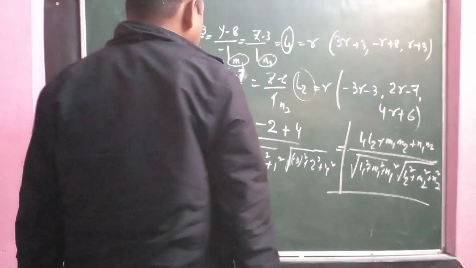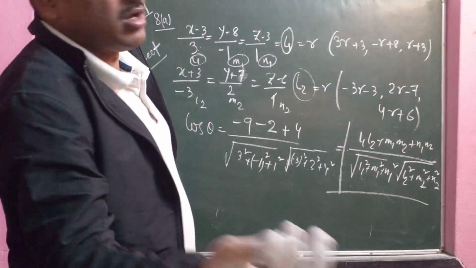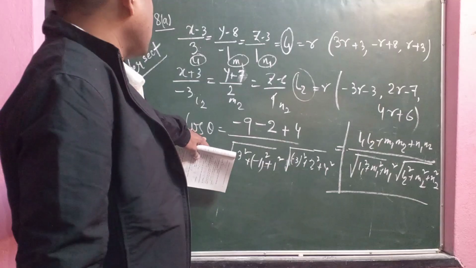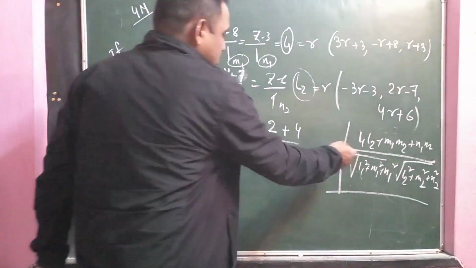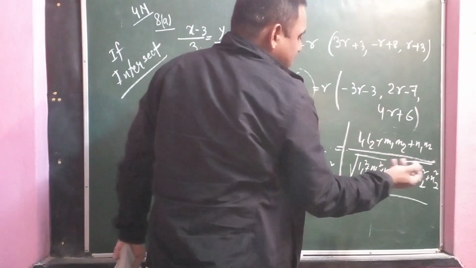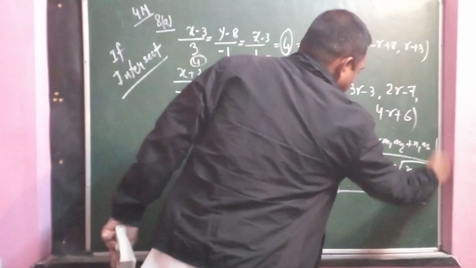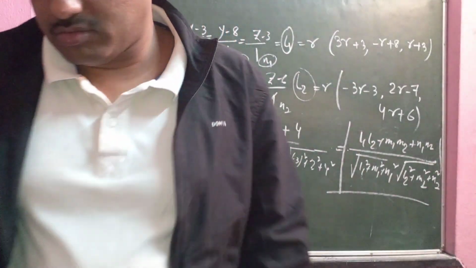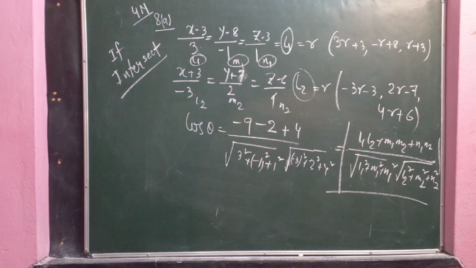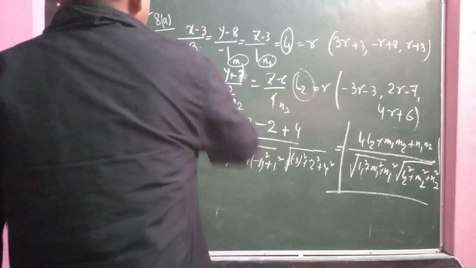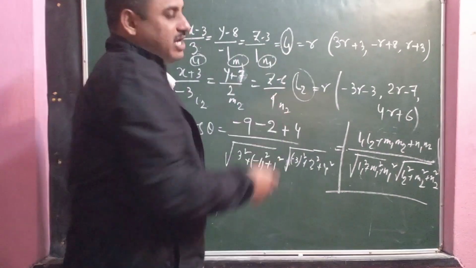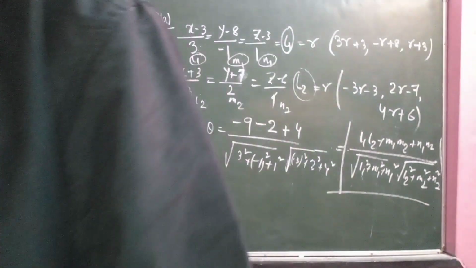This will be the cos theta. Now if they are perpendicular, they may ask you whether the lines are perpendicular or not, so cos theta will be 0, cos 90 is 0, so this numerator part will be 0. And if they are parallel, then the ratios will be equal: L1 by L2, M1 by M2, N1 by N2 will be constant. Okay.